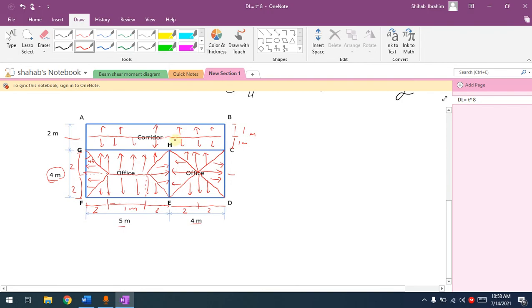Remember, if the beam is interior, from both sides the slabs will send load to it. Here we have from this corridor, the load will go to GHC, which you see with this distribution. We have a rectangle going there, and on the other side we have two offices. One office will send this triangle, the other office will send this trapezoid.